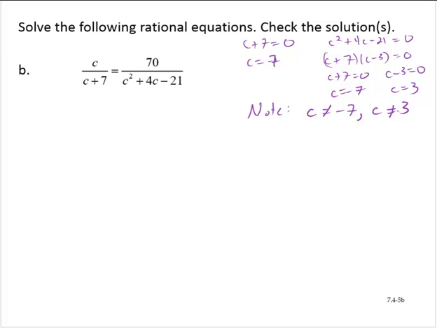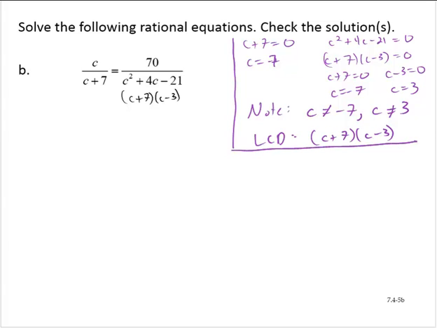And also, since the c squared plus 4c minus 21 is in factored form, c plus 7 by c minus 3, we have the LCD for the equation is c plus 7 by c minus 3. So let's multiply both sides of the equation by that. C plus 7, c minus 3, c plus 7, c minus 3.